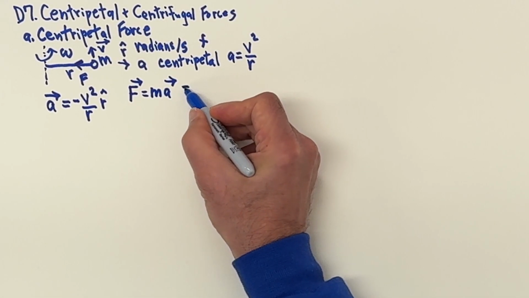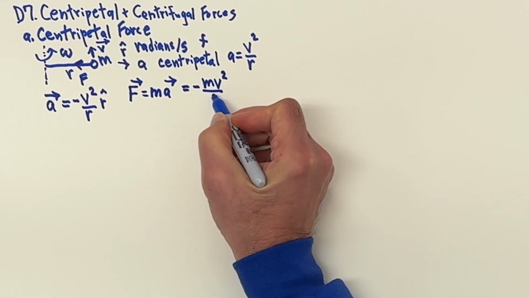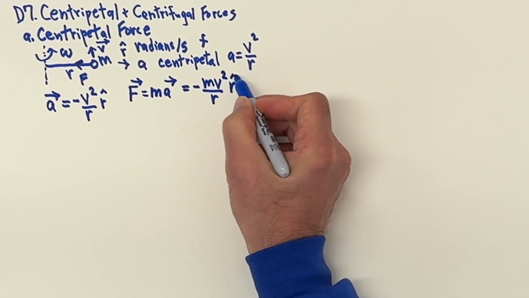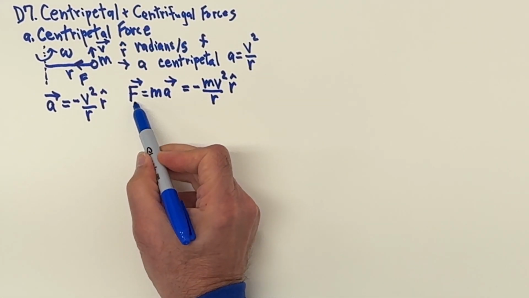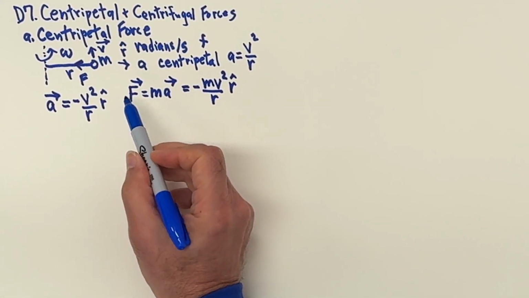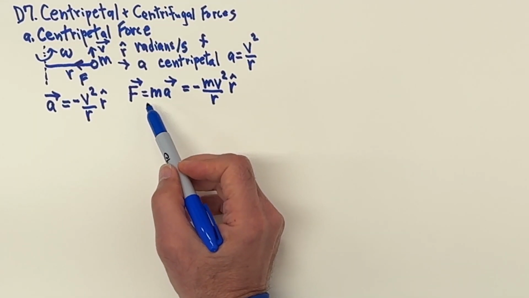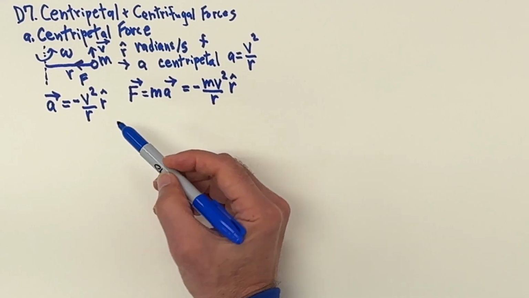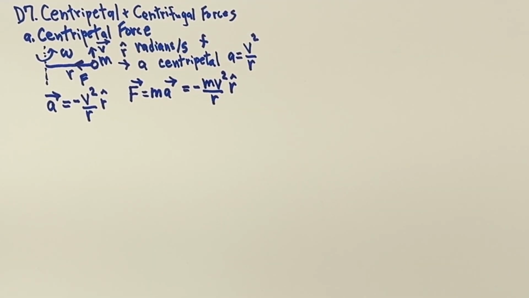We can write that as minus m v squared over r, times r hat. So this is the basic setup. The centripetal force is this F, and the centripetal acceleration is the acceleration that goes with that F, which is v squared over r inward toward the center.